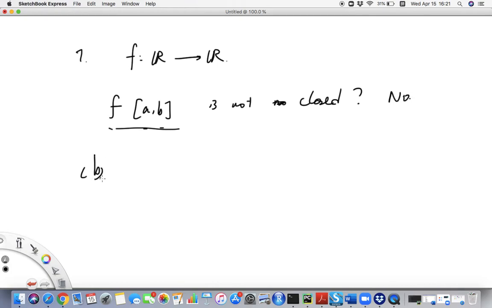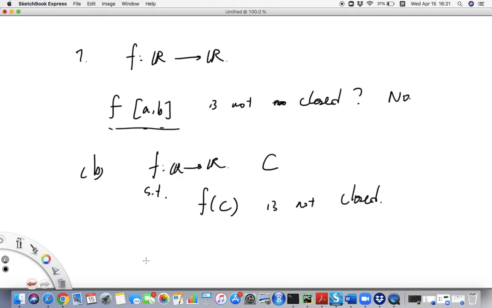And so for part B, you want to find an example of continuous function from R to R and a closed subset C such that f(C) is not closed. Okay, so what are some examples? So here I'm going to present you one. Look at the interval from 0 to infinity.